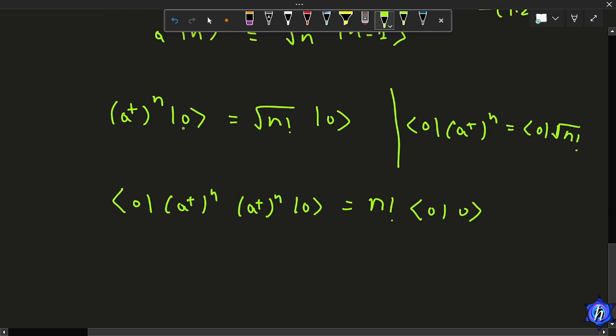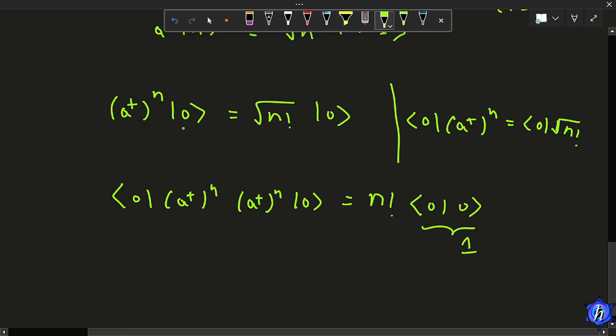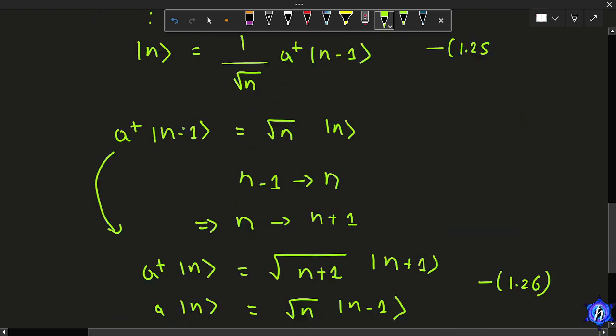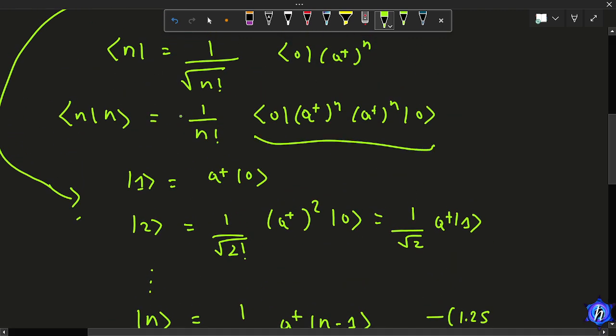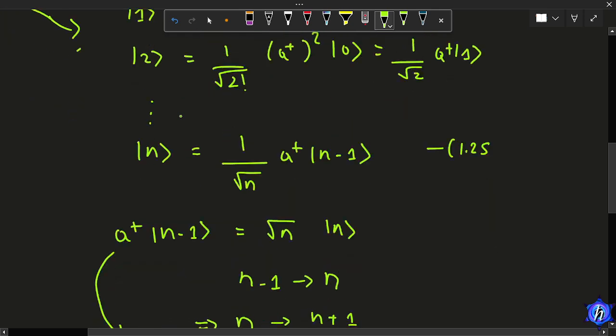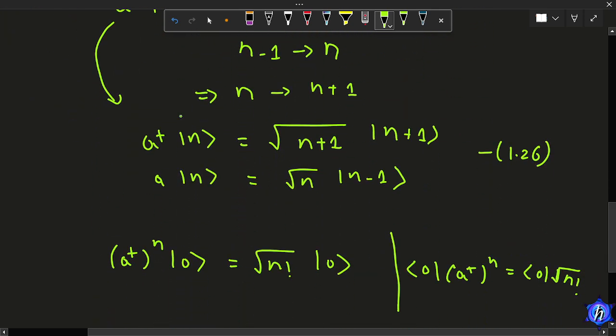So this becomes n factorial times the inner product of 0 with 0, and we already know that this is equal to 1. You recognize this, right? We know that the value of this is n factorial, which we just calculated.